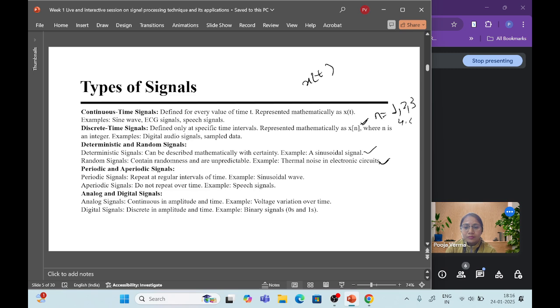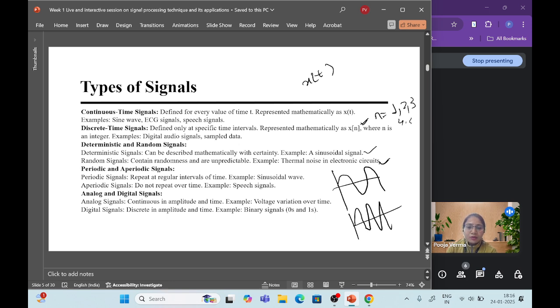equations. Now next one is periodic and aperiodic signals. A periodic signal repeats at every regular interval. Any signal which repeats at every regular interval is a periodic signal, like a sinusoidal signal.